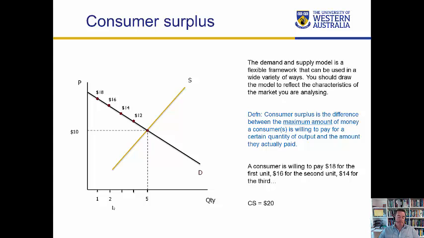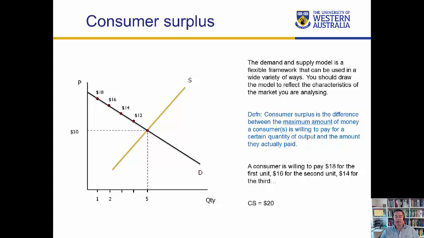For the first pizza, the question then is, what would be the maximum amount of money you would be willing to pay for that pizza? Now, this is a hypothetical question. You don't have to pay this amount, but what would be the amount you'd be willing to pay? You actually pay $10 for this first pizza, but the way I've drawn it, you'd be willing to pay $18.